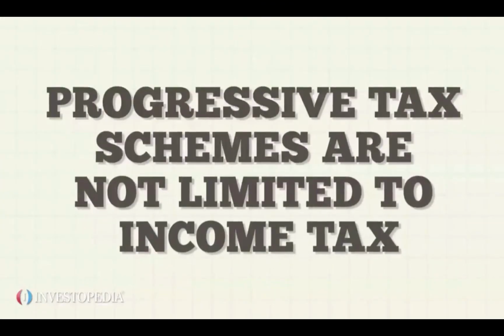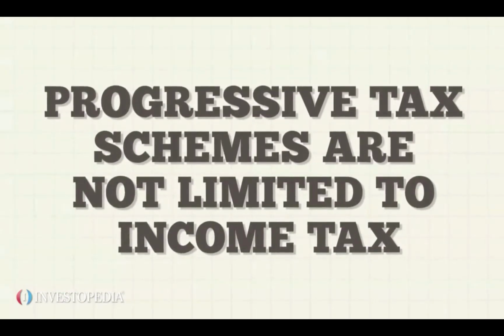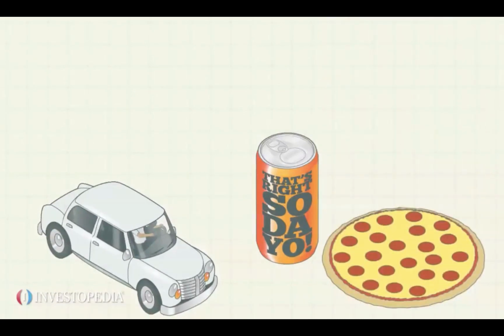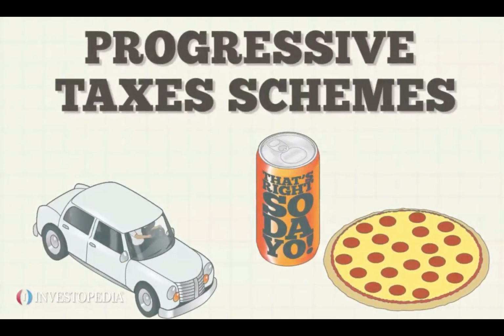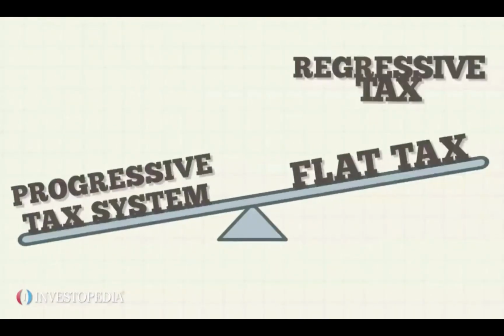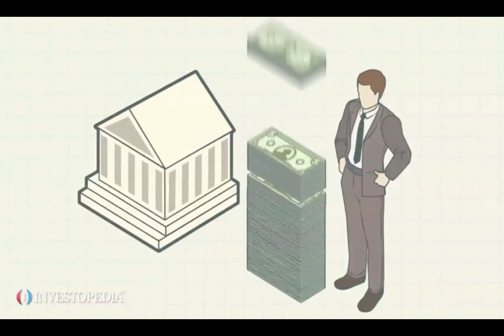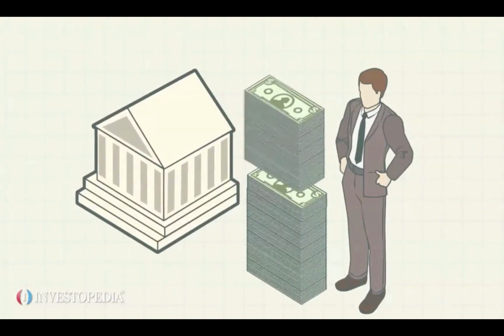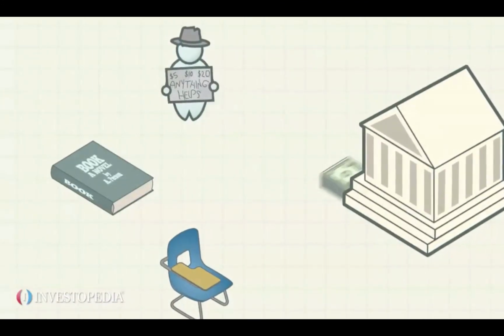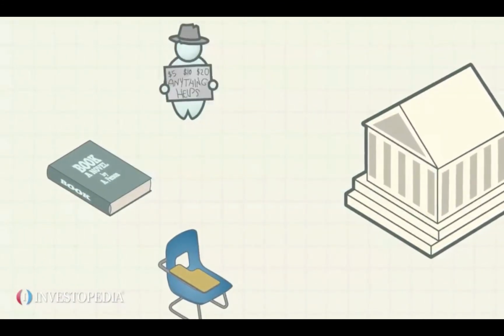Progressive tax schemes are not limited to income tax. Sales taxes on luxury items and sales tax exemptions for necessities are also examples of progressive tax schemes. Some argue that a progressive tax system is fairer than a flat tax or regressive tax scheme. Proponents say that as an individual's income increases, he can afford to pay more taxes, and those taxes are redistributed in social programs that help those individuals that do not earn as much.